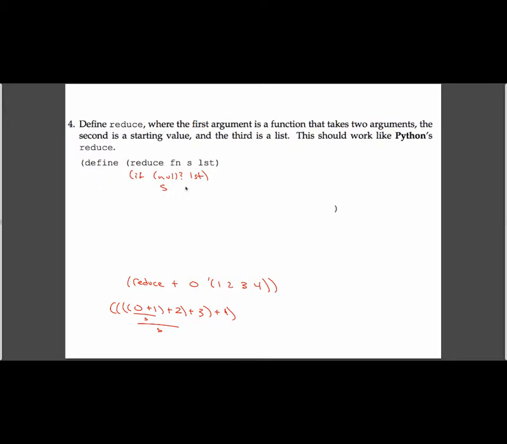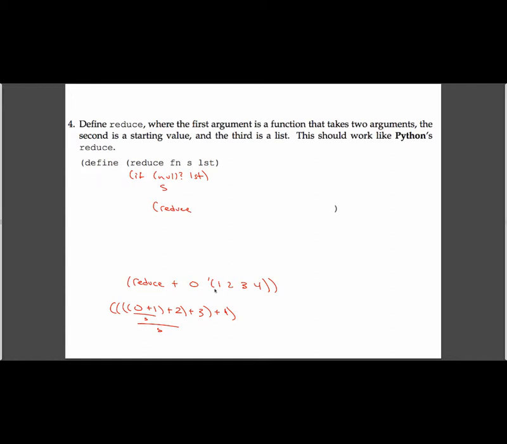Now, what happens if we don't get this base case, so if we get given a list that actually has something? Then we should just use recursion. We can recursively call reduce until we finally are out of lists to process.